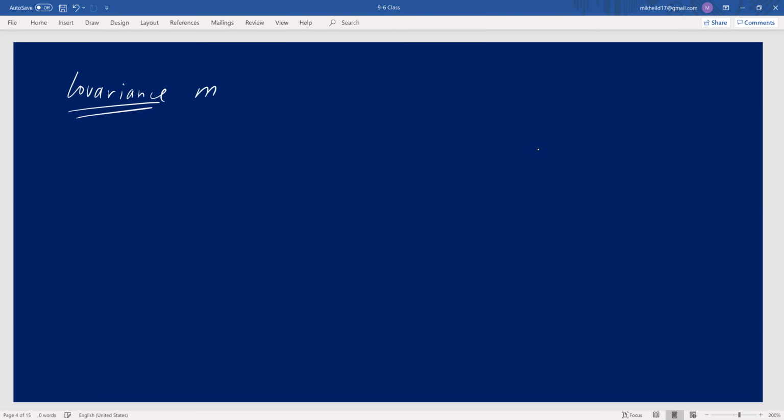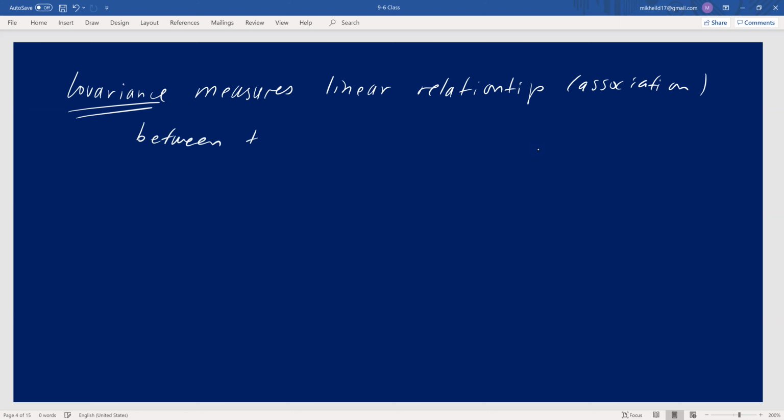Covariance measures the linear relationship, association, between the two variables.